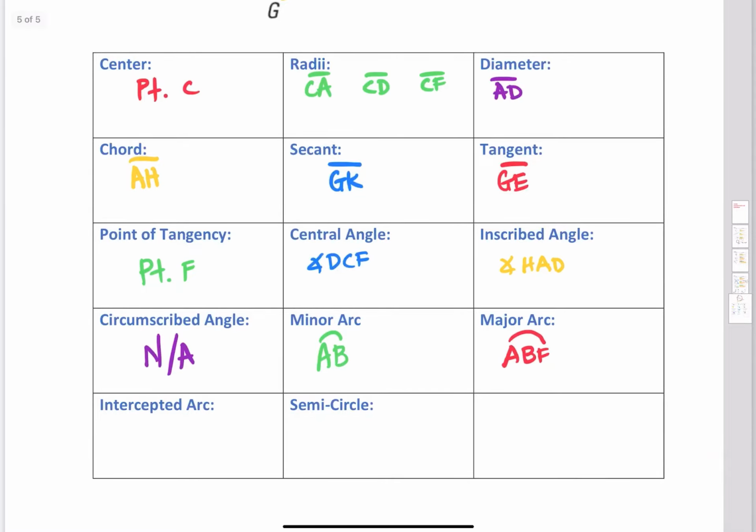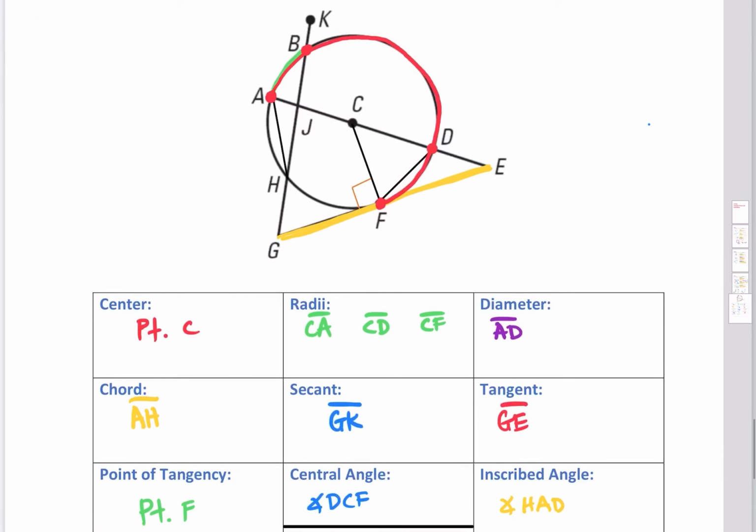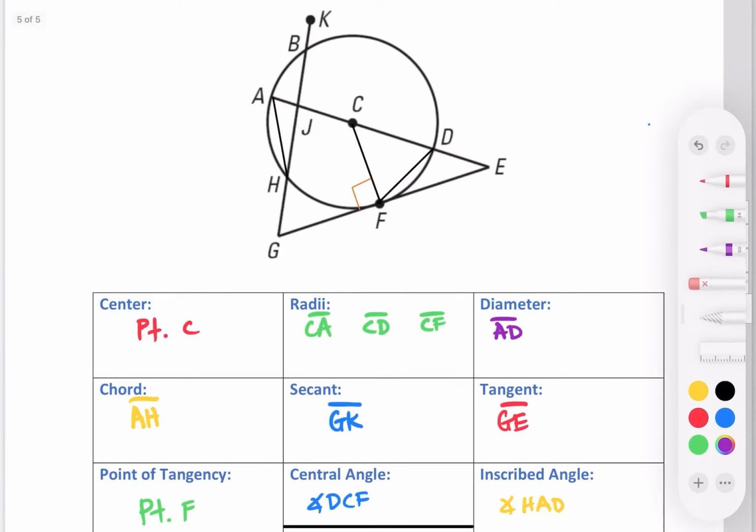An intercepted arc is basically being formed when I cross 2 segments or 2 lines or 2 rays. Let's go ahead and erase all these annotations. And we could go ahead and look for some intersecting lines.